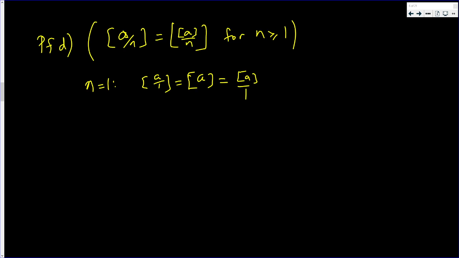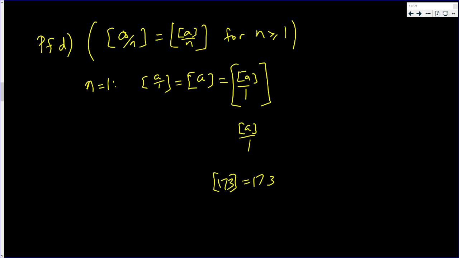But now, since the greatest integer of a over 1 is an integer, and remember, the greatest integer of an integer is the integer itself. Doesn't matter what the integer is. So, since what I'm putting the greatest integer brackets around is an integer, I can do that.